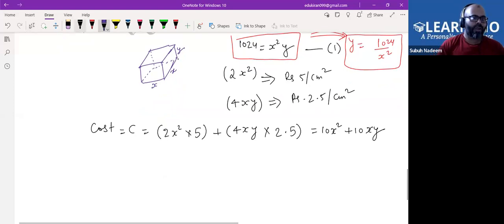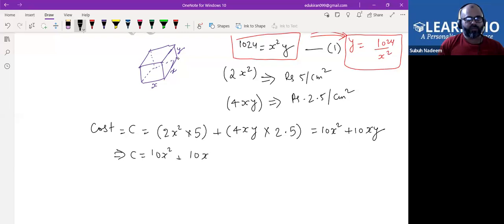So if you write the cost here, it will be 10x square plus 10x, y is 1024 by x square, right? So x cancelled and we have 10x square plus 10240 by x.